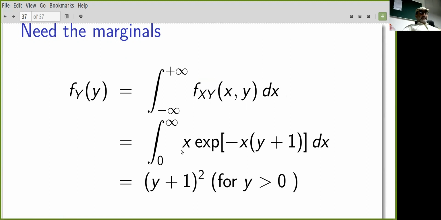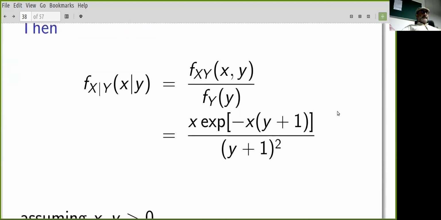The PDF has the form x exponential minus x(y plus 1). You integrate with respect to x, and you will get 1 over (y plus 1) squared. And you're assuming that y is greater than 0, so that you're integrating on the part where the joint PDF is not 0.